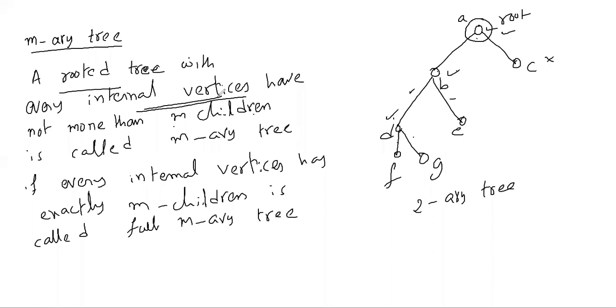Internal vertices are those with at least one child. A, B, D have children, therefore they are internal vertices. C, E, F, G are not internal because they don't have children. So D, B, and A each have two children. Therefore it is a two-ary tree. Okay, now we'll see some more examples on this.